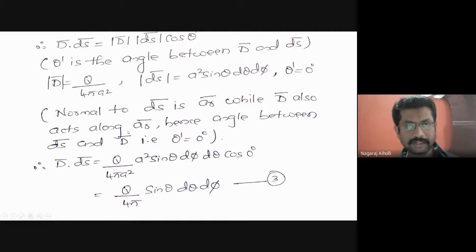Substitute what we have written in the previous equation. We get q by 4 pi a square into a square sine theta d theta d phi, then cos theta dash. Theta dash is 0, that is cos 0. Cos 0 is how much? 1. Therefore this will be equal to q by 4 pi a square, and a square will cancel, giving q by 4 pi sine theta d theta d phi. Take it as equation 3.